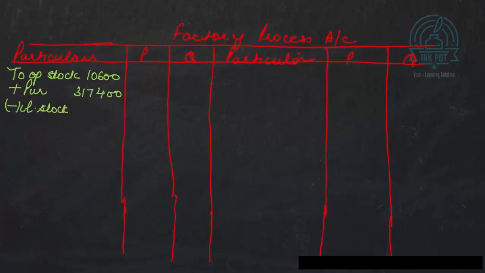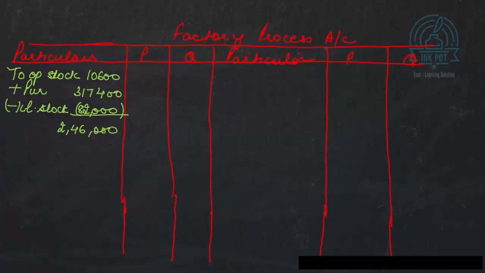Closing stock is 82,000. Right? So this is to be deducted. So we'll get raw material consumed, which is 2,46,000.